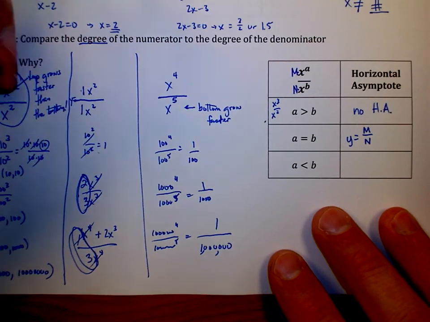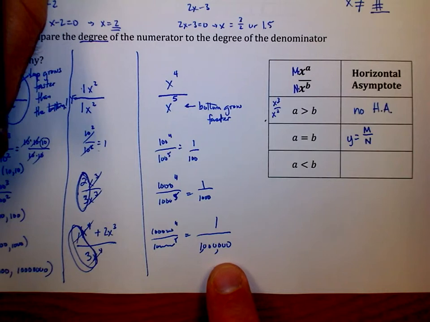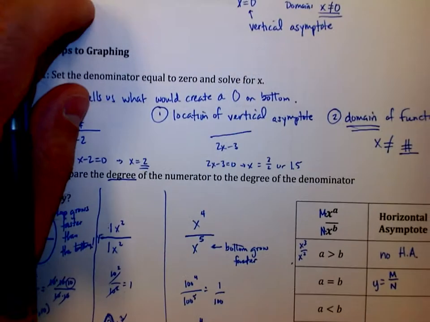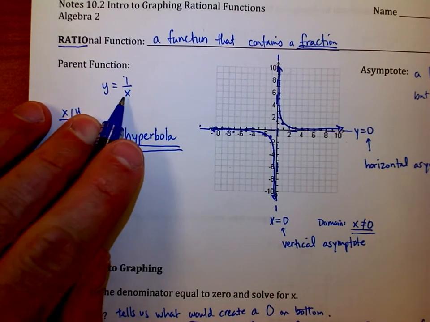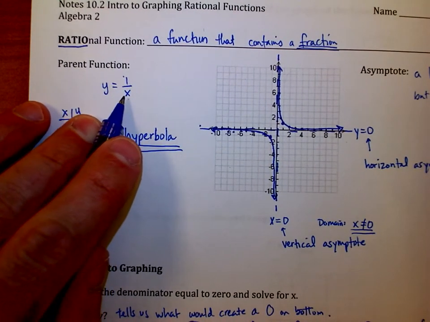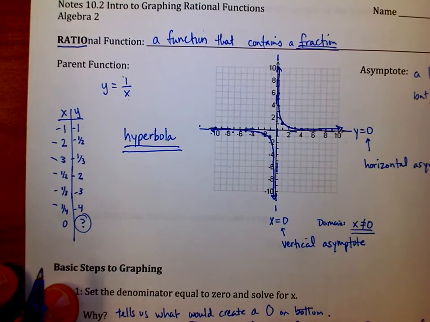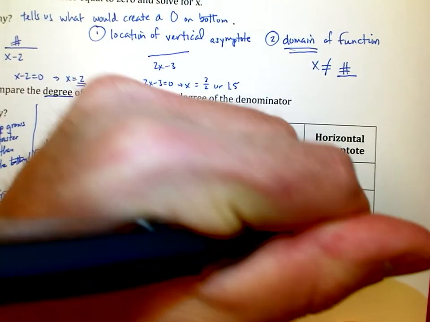And so what we notice is that this thing is getting darn close to 0, but it's never going to hit it, okay? If the power on top, in this case there is no x, and the power on bottom has x to the 1st, there's a higher power of x on the bottom, it's going to level off at 0, just like our parent function. And so it's always going to be y equals 0.